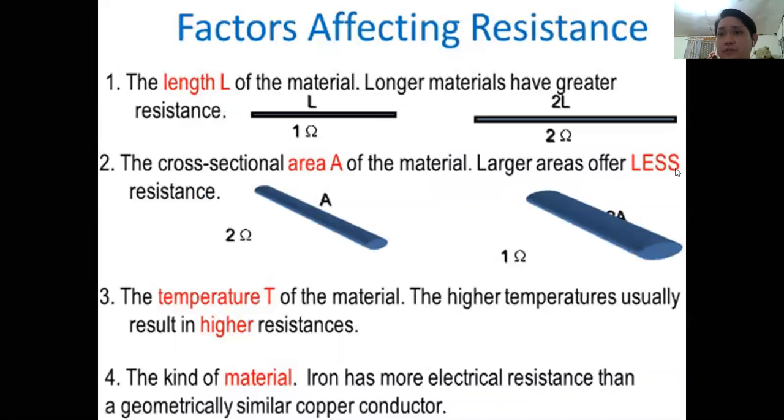Another very important concept: the factors that will affect your resistance. I want you to remember this one because it is very important. What are the factors affecting resistance? First, the length of the material. Longer materials have greater resistance.